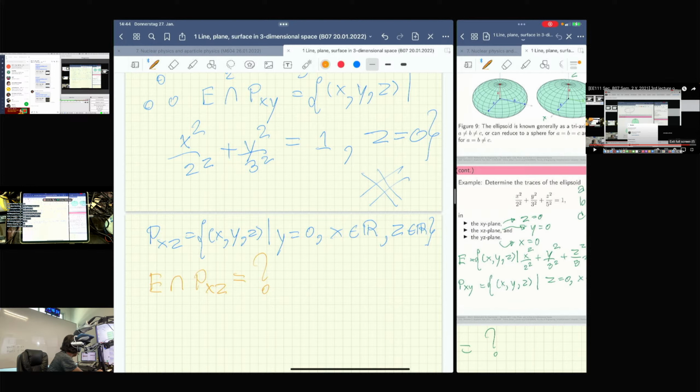So the intersection result between the ellipsoid and the xz plane will be the coordinates (x, y, z) given y equal to 0 and x squared divided by 2 squared plus z squared by 5 squared equal to 1. That's the result, okay? But you can also say it's an ellipse. So let's move to the next page and solve this one.